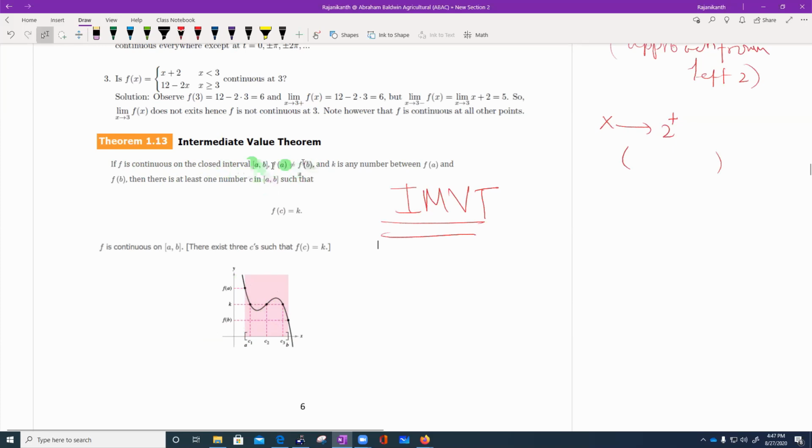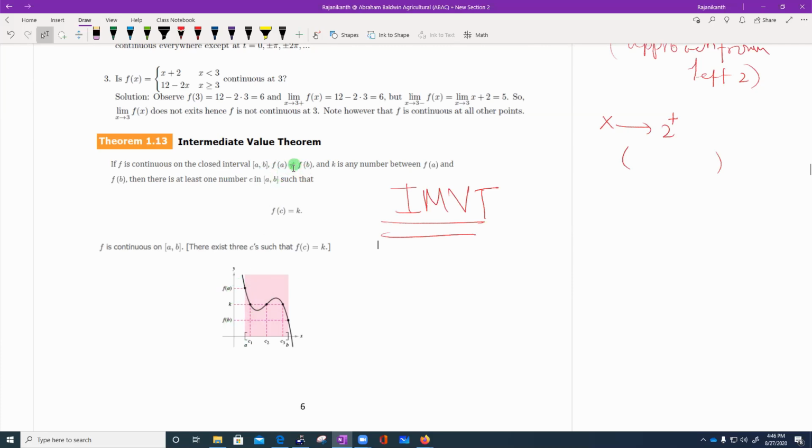If you have two different function values at a and b, f(a) is the function value at a, and f(b) is the function value at b. If you look at the picture, a is here, so f(a) is the function value here, and f(b) is here.